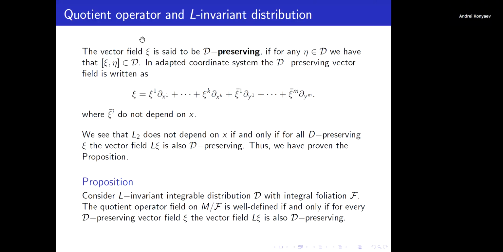If you have two D-preserving vector fields, then you can easily see, because of the Jacobi identity, that their commutator is still a D-preserving vector field. So if we have a distribution, then all the vector fields that preserve this distribution form a subalgebra. These vector fields are closed under commutation.